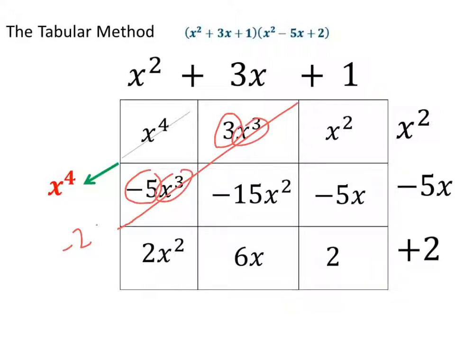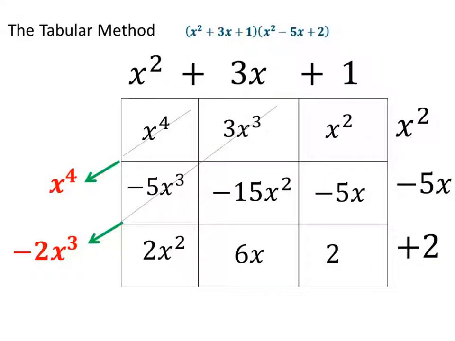So negative 2x cubed. That's what we got coming out from this diagonal. Remember, we never add the exponent whenever we're doing addition. We're keeping the exponent exactly the same.